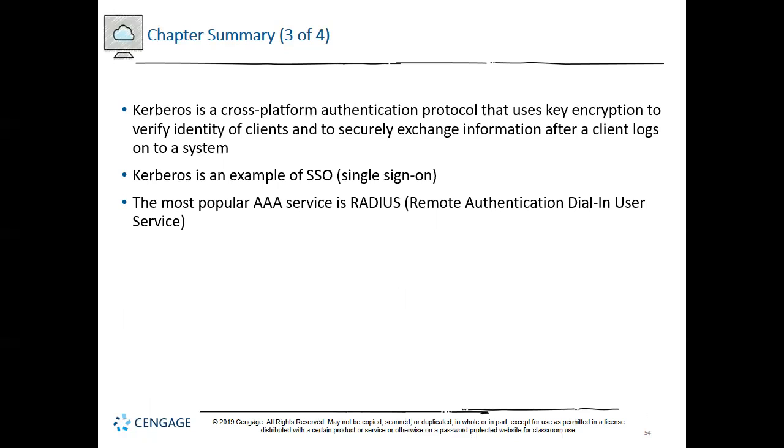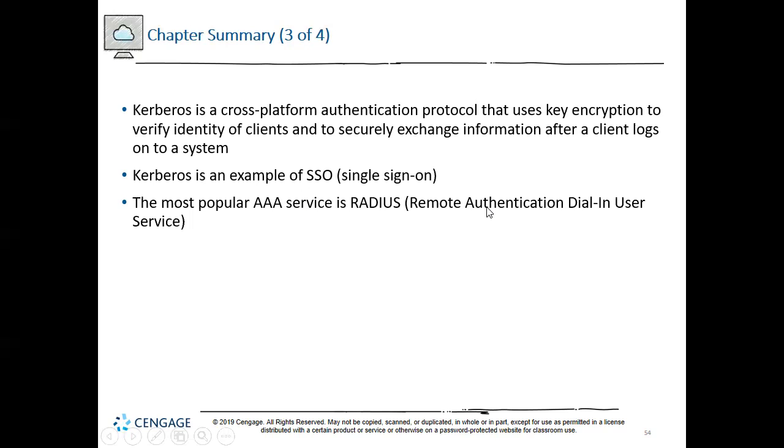For us here at the college, we have something like that. We sign in to the college intranet, and then we can use PeopleSoft and D2L with those same login credentials. Remote Authentication Dial-In User Service, RADIUS, which is, as it says there, a AAA service.